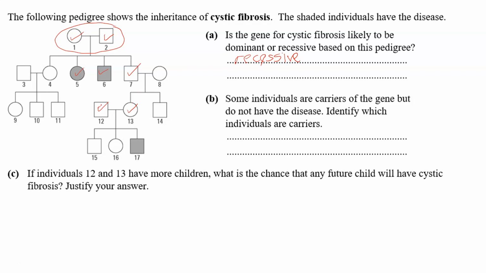Sorry, 12. Yeah, just thinking that through out loud. We don't know about 14 because we don't know about their offspring yet. And because we ended up with 1 offspring actually having it, we know that number 12 must have had it.